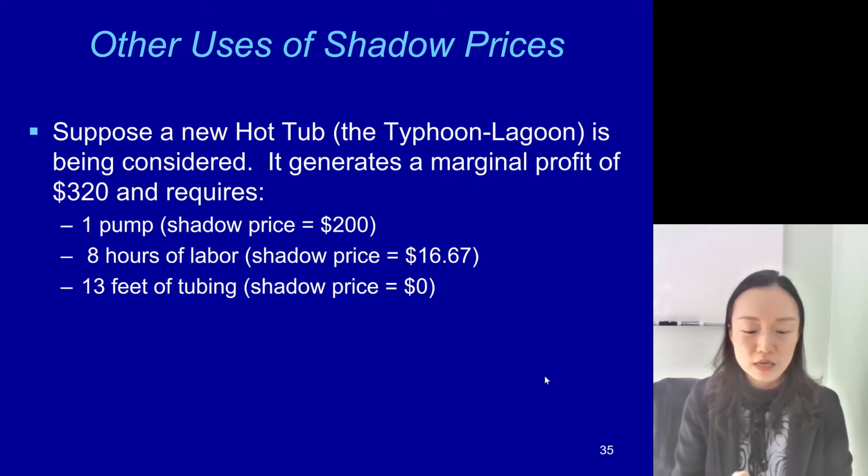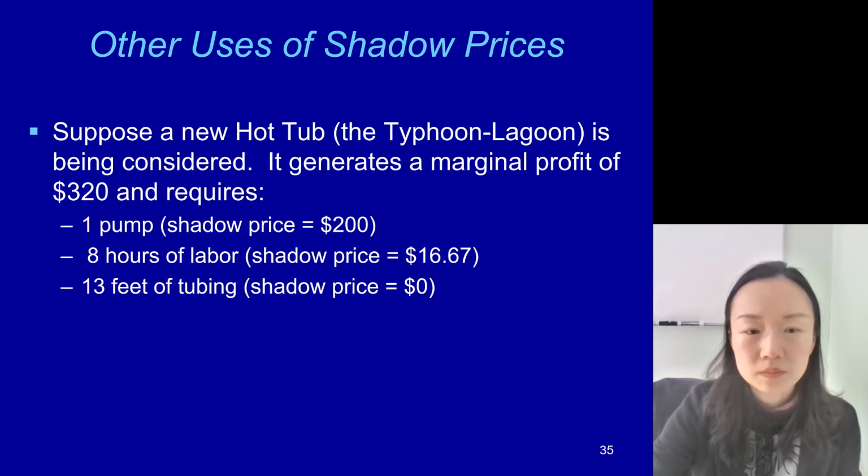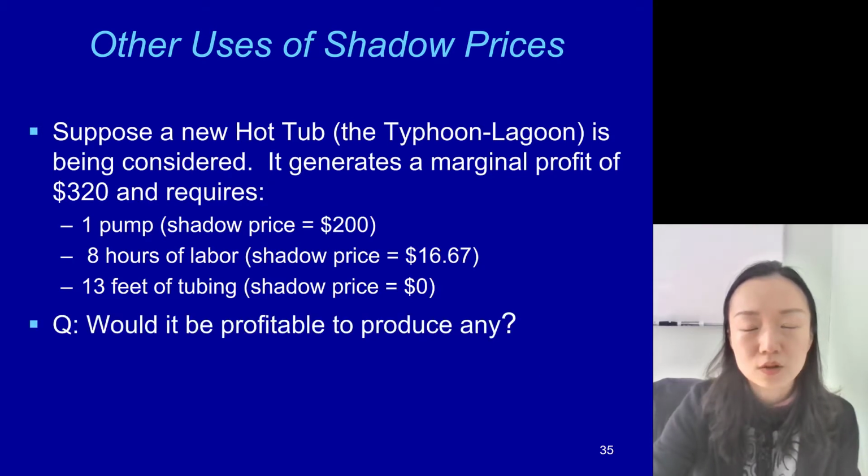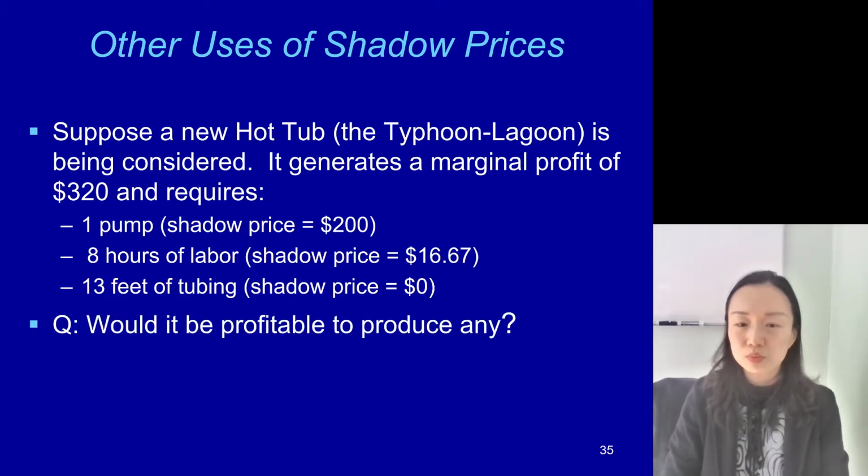So that is the net profit. Okay, so the profit is $320. It requires one pump, 8 hours of labor, 13 feet of tubing. And the question is, would it be profitable to produce any?